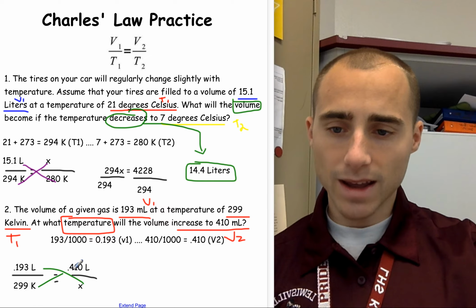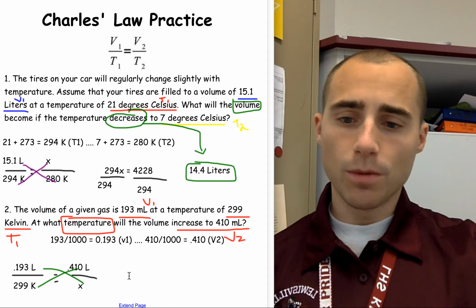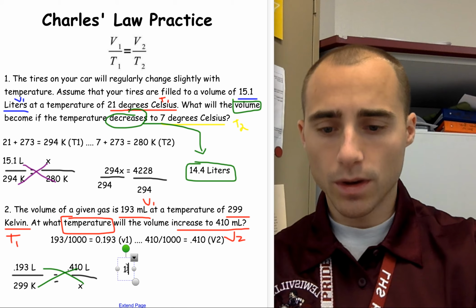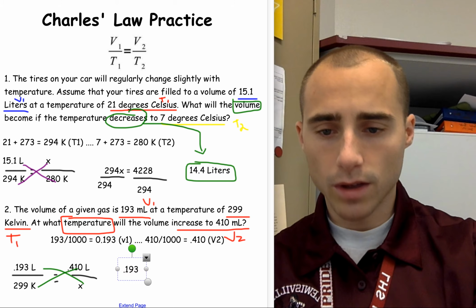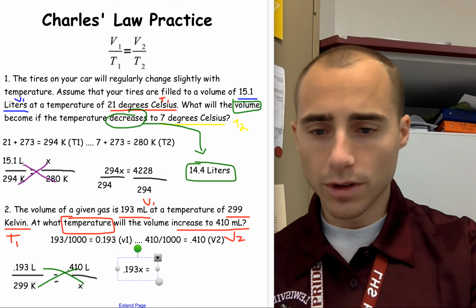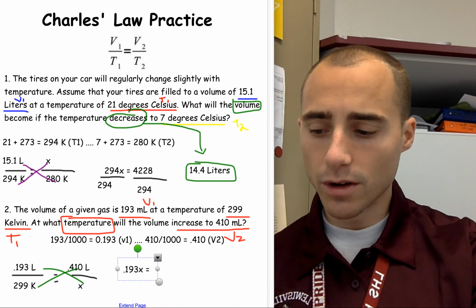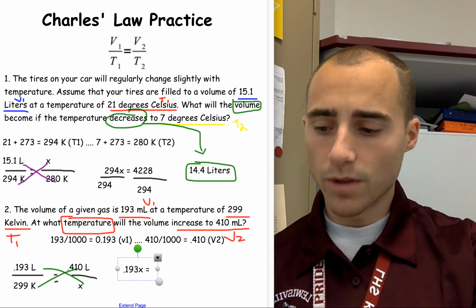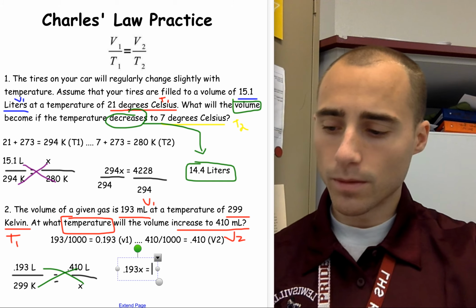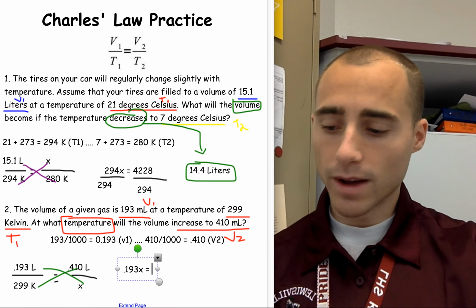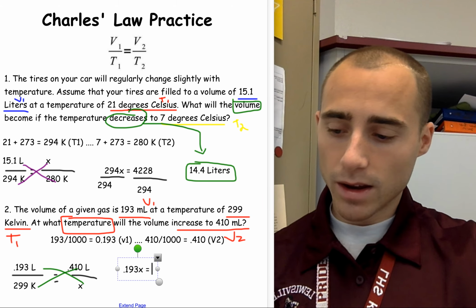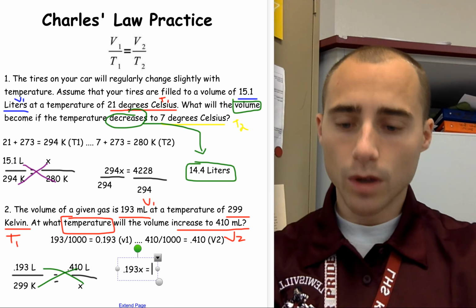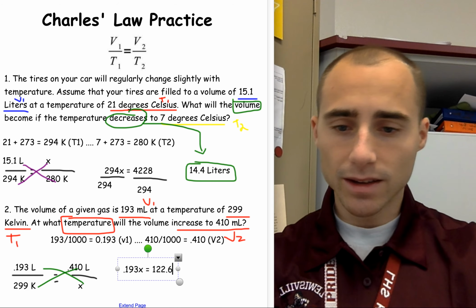Cross multiply again. You get 0.193x equals, and then you do 0.410 multiplied by 299, and that gives you 122.6.